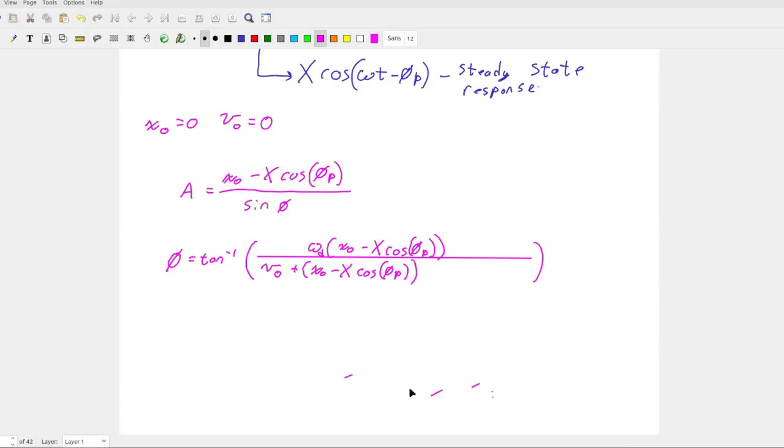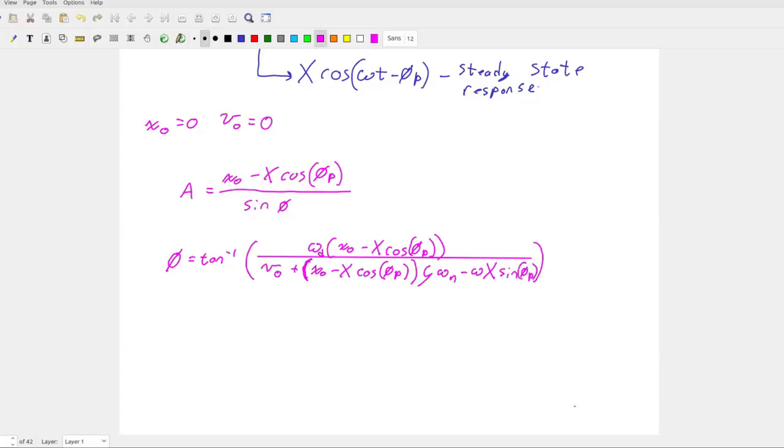Close out that parenthesis from before. That's this parenthesis here. Zeta omega n minus omega, no subscript, that's just our forcing omega, X sine of phi p.